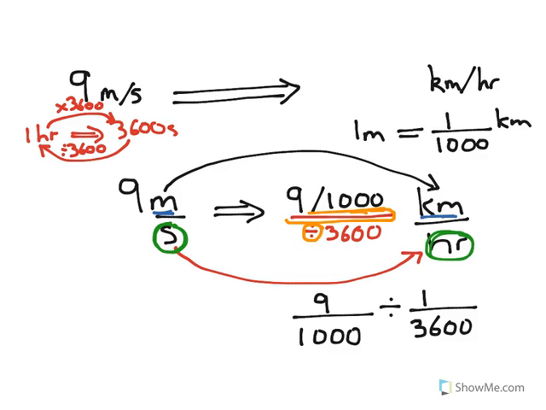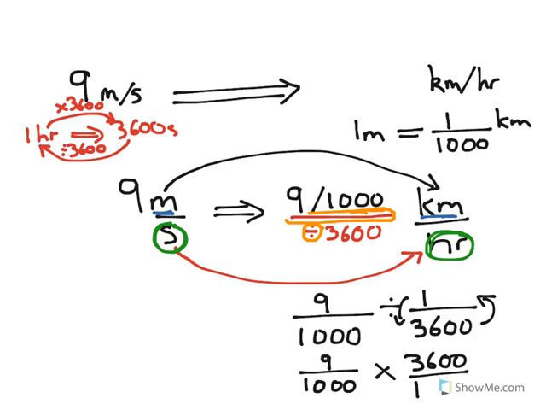And when we do that, I don't know if you remember your fraction skills, but to divide by a fraction, you have to keep the first fraction the same, 9 divided by 1,000, then flip the second fraction upside down. So you get 3,600 divided by 1 and do a multiply instead.